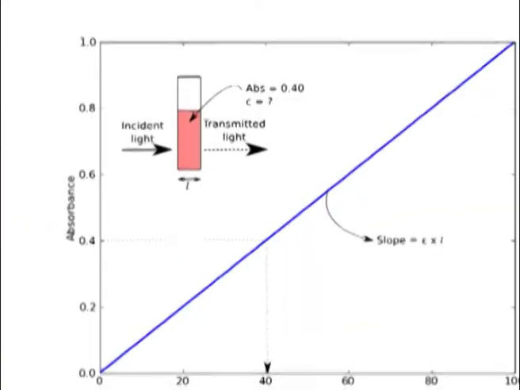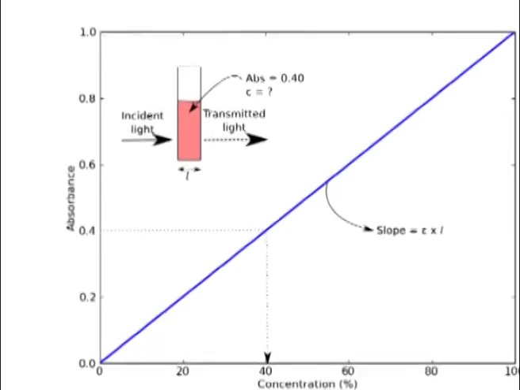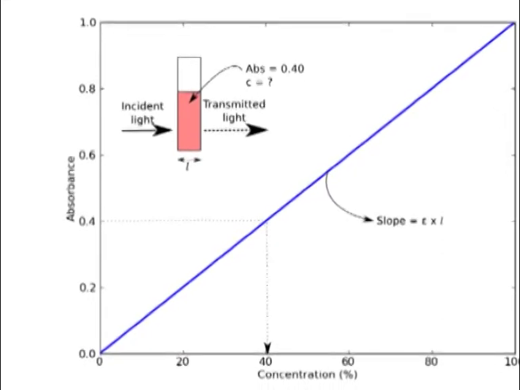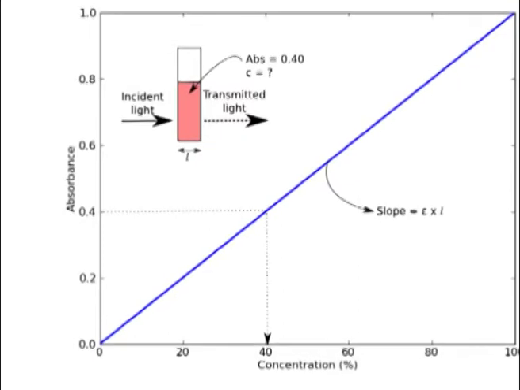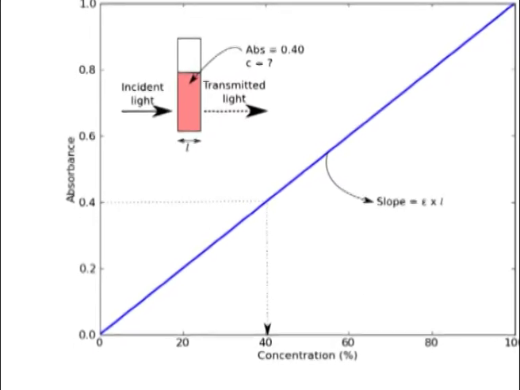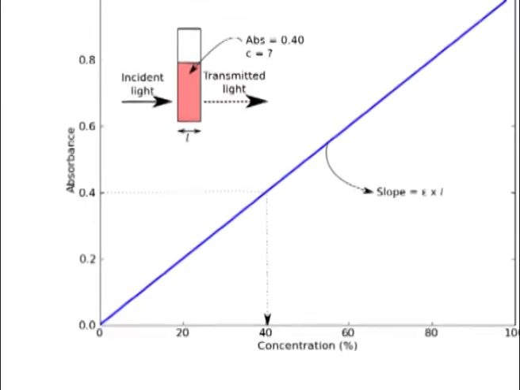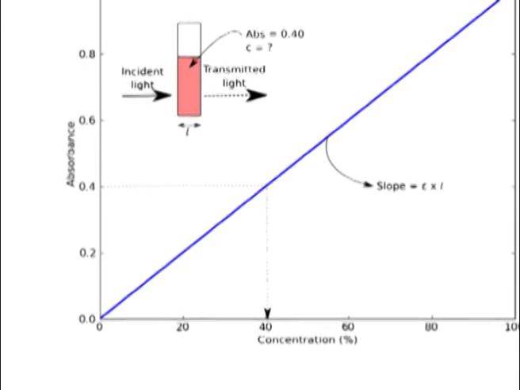The absorptivity coefficient for every material is different, but for a given compound at a selected wavelength, this value is a constant. Epsilon is also known as molar extinction coefficient.